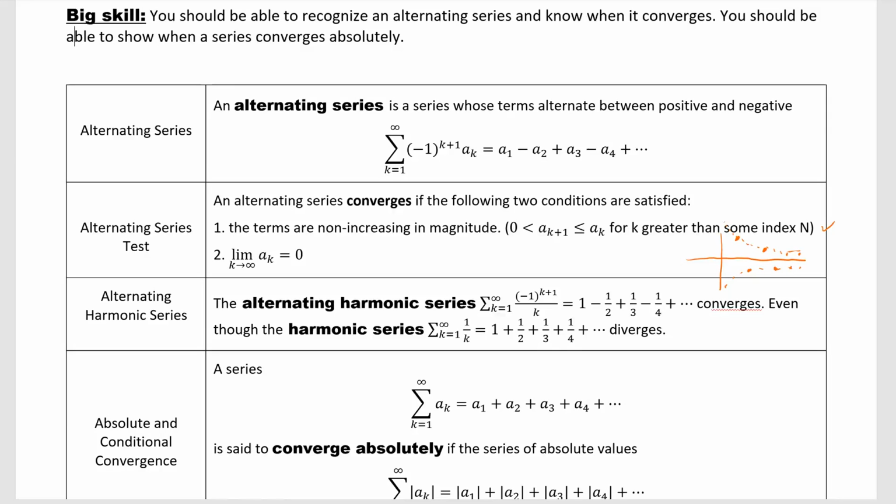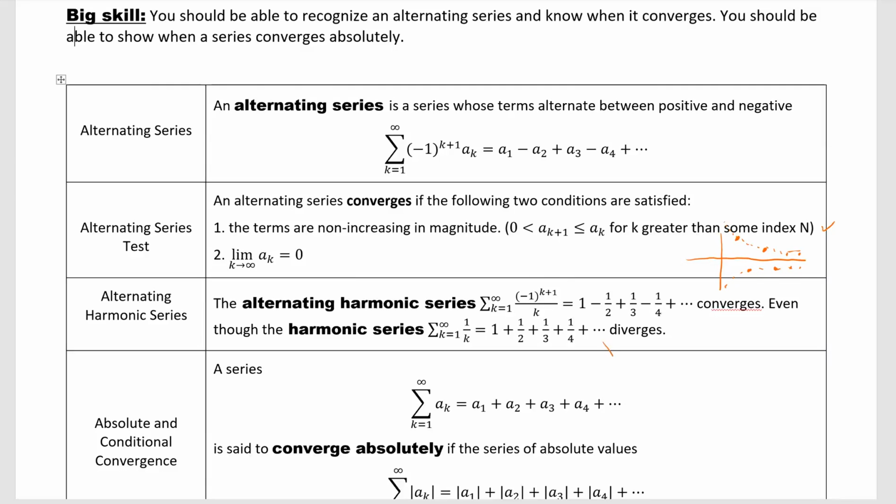Here is an example, the alternating harmonic series. This is -1 to the k plus 1 over k. So it actually equals 1 minus a half plus 1/3 minus 1/4. This alternating series actually converges, even though the harmonic series, which is the sum of 1 over k, diverges.